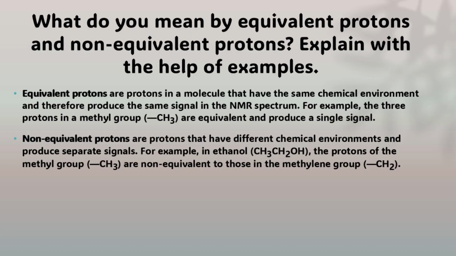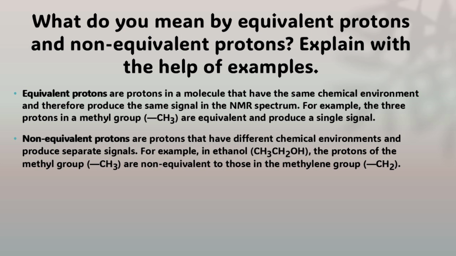The next question is question number 27. What do you mean by equivalent protons and non-equivalent protons? Explain with the help of examples. The answer to this question is, equivalent protons are the protons in a molecule that have the same chemical environment and, therefore, produce the same signal in the NMR spectrum.